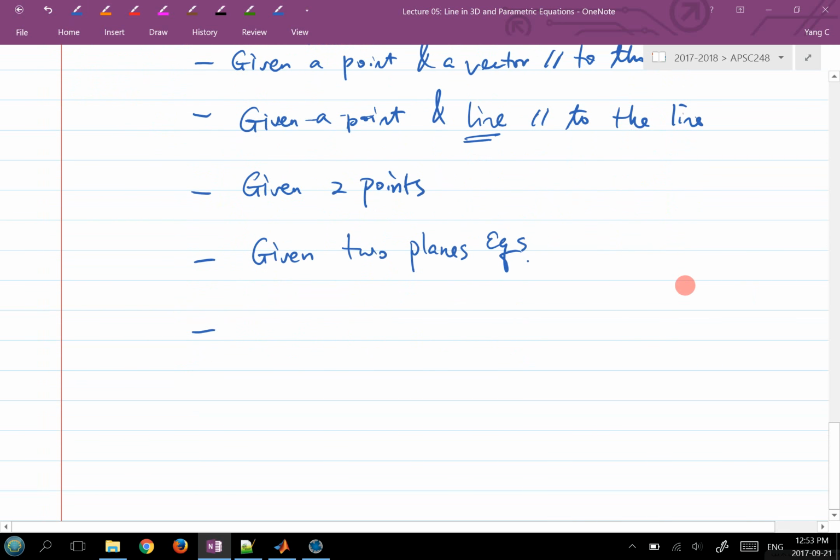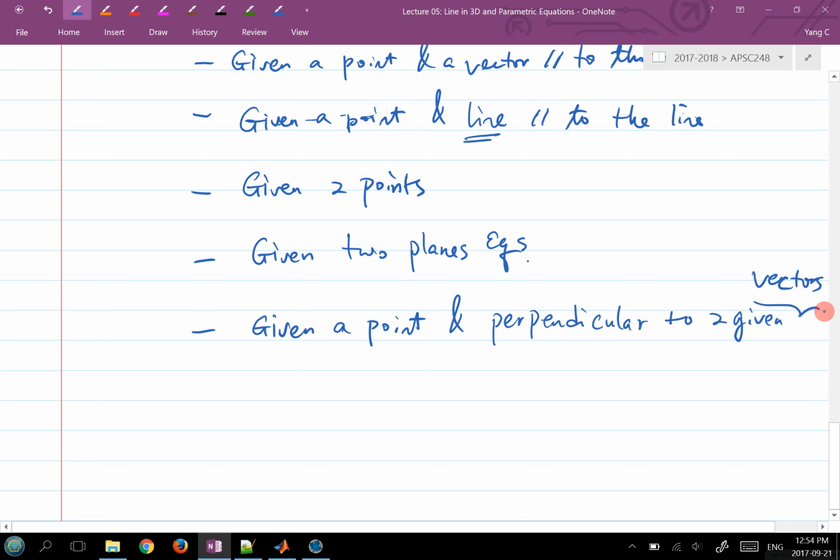And here are another two possible scenarios. You're given a point, and the condition that the line is perpendicular to two given vectors.